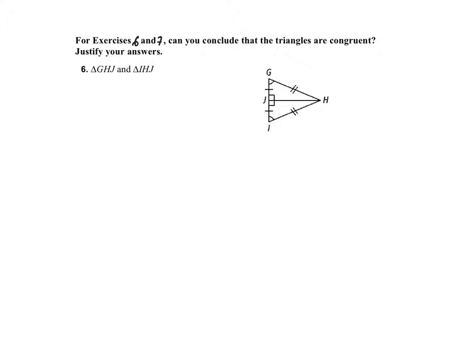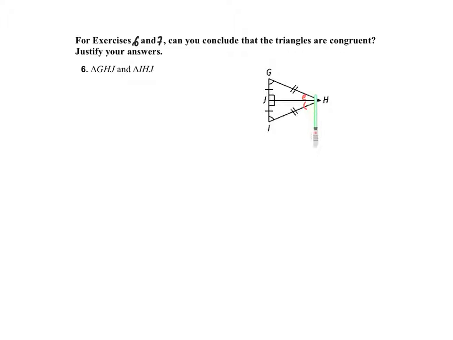I want to see if triangle GHJ is congruent to triangle IHJ. In this case, I need to see if I have enough information to prove it. That means I need to find out if all the angles are congruent and all the sides are congruent. I know that this angle is congruent to that one. Why? Because these two angles are right angles, so they are congruent. Angle G is congruent to angle I, so this one has to be congruent to that one.